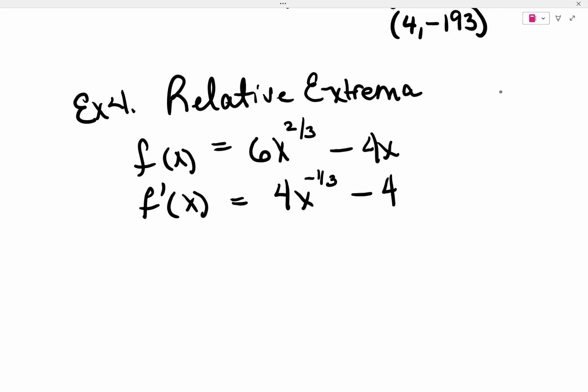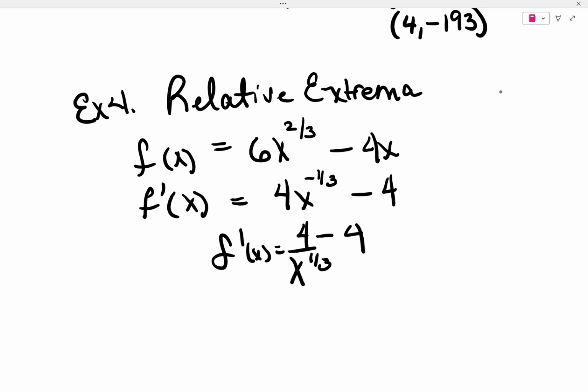And so you can re-express this as 4 over x to the positive 1/3, minus 4. So that would be your first derivative.